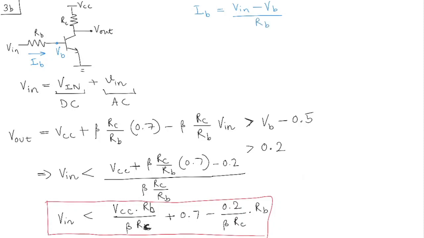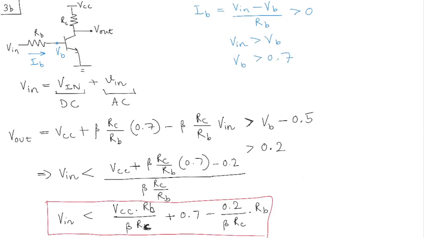For the circuit to be in active mode and not in cutoff mode, what do we need? First of all, we need IB to be greater than 0, because if there is no current IB flowing in, then the circuit is in cutoff. So we need V in greater than VB, and we also want VB to be greater than 0.7 volts.